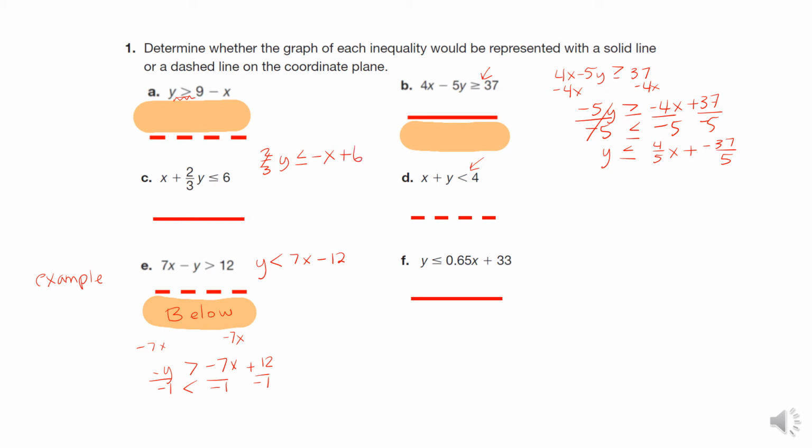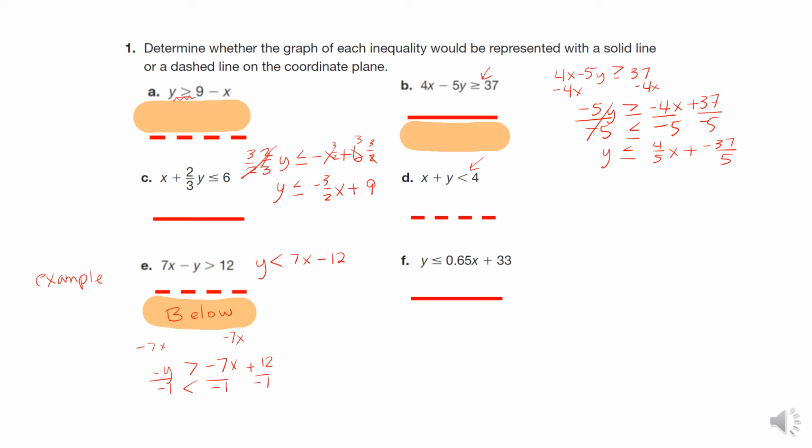I'm going to multiply every term by 3/2. Okay, and so that gets rid of my fraction: y is less than or equal to negative 3/2 x plus, 2 goes into 6 3 times, 9.